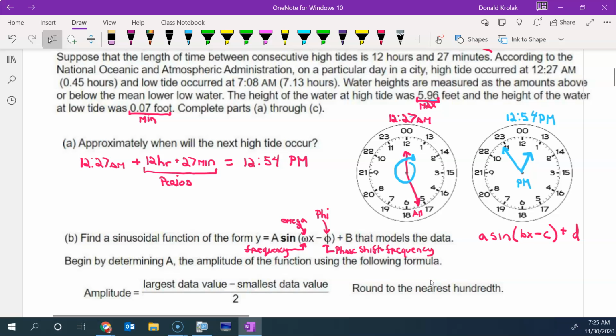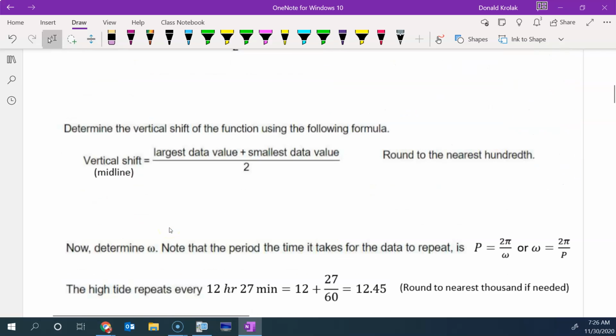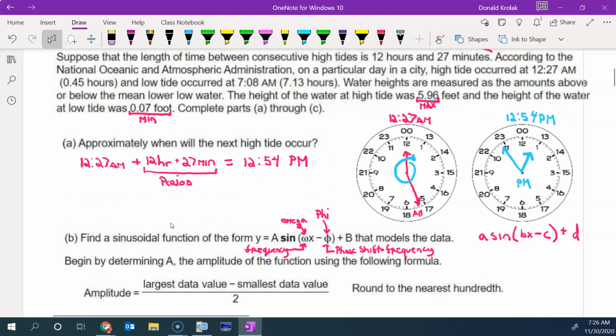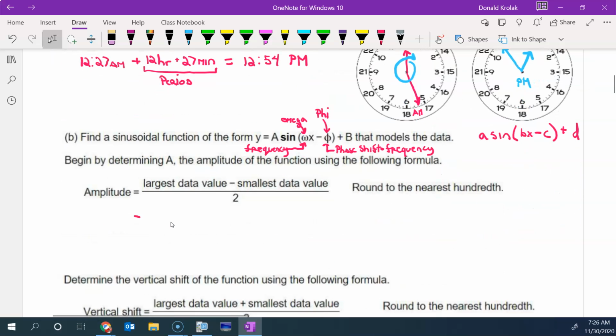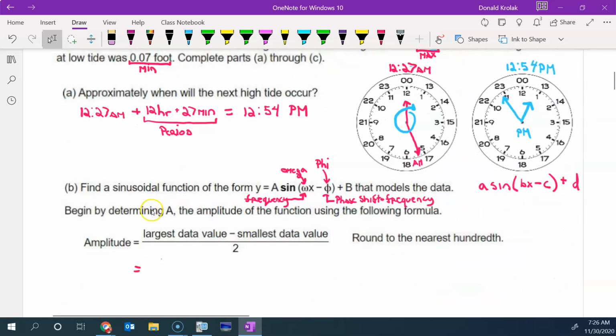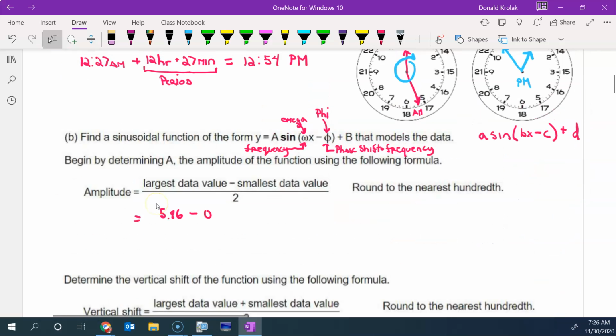Okay. All right. So we know how to do the first two parts, getting the amplitude and the midline, the vertical shift, is just using the max and the min, right? So we know our max, 596, our min, and divide that by 2.